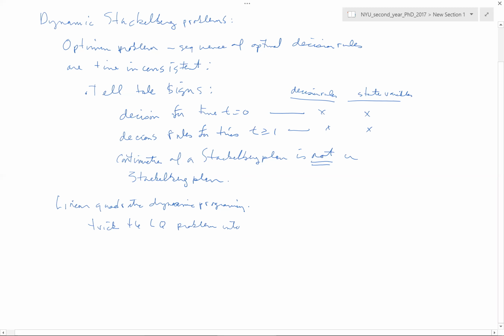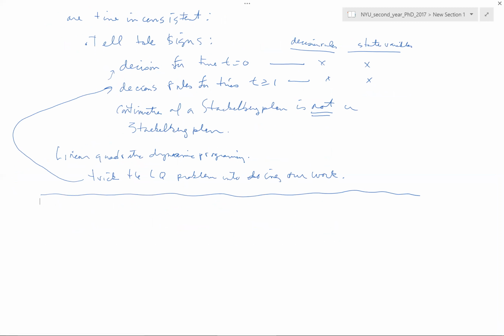The basic idea is we're going to trick the LQ problem into solving our problem for times t greater than or equal to 1. And then we're going to stare at it and solve the problem for t equals 0. So we are still going to use backward induction in a thorough way. That may sound a little mysterious now, but hopefully we'll fill it in.